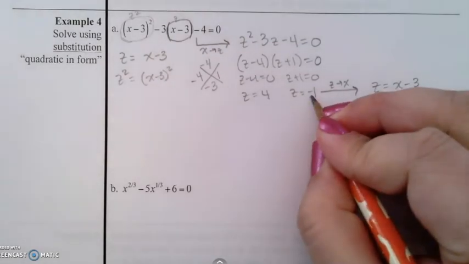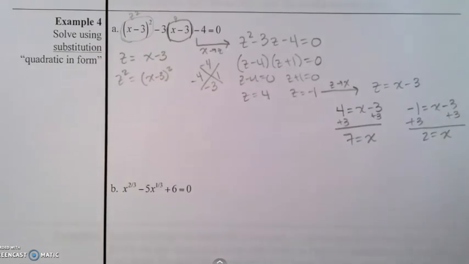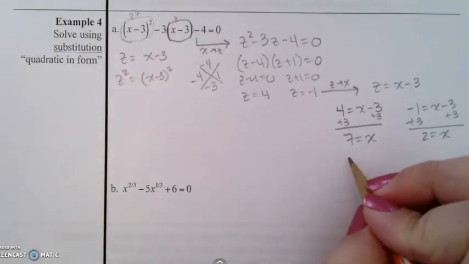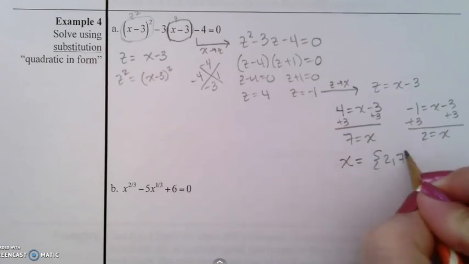And then also z was -1, so -1 equals x minus 3, plus 3 plus 3, 2 equals x. Now I didn't have any denominators, and I never used the power rule, which means I don't have to check for extraneous solutions, although it never ever hurts to check. But since I didn't use either of those 2 things, I know that x equals 2 and 7.